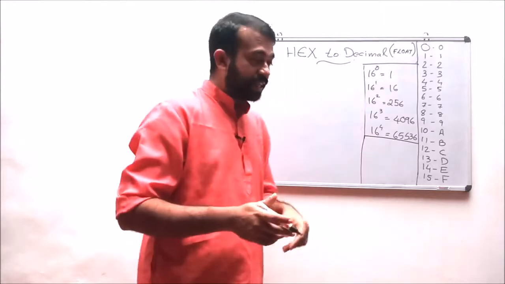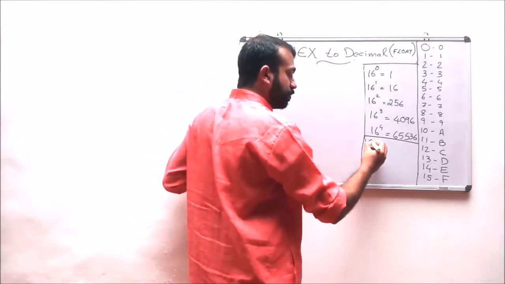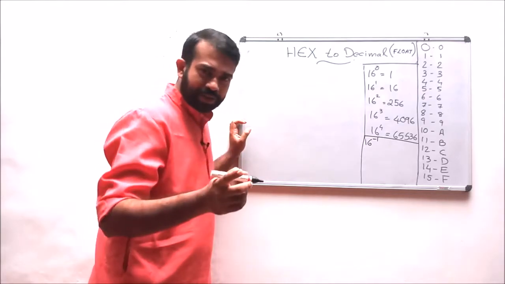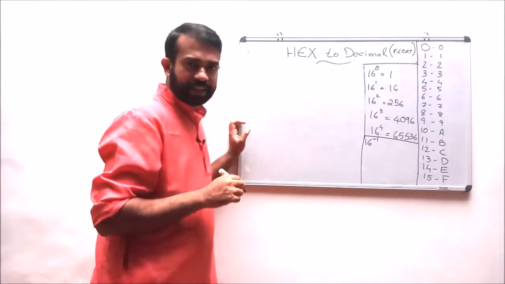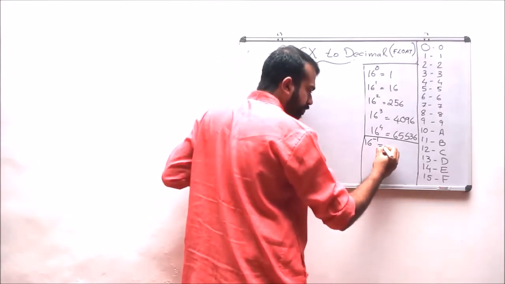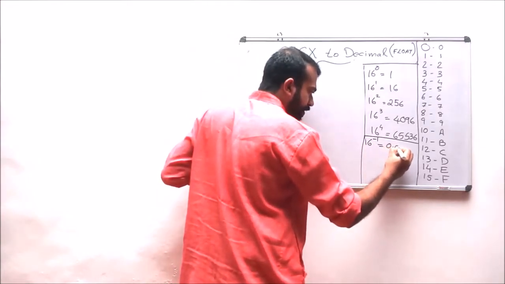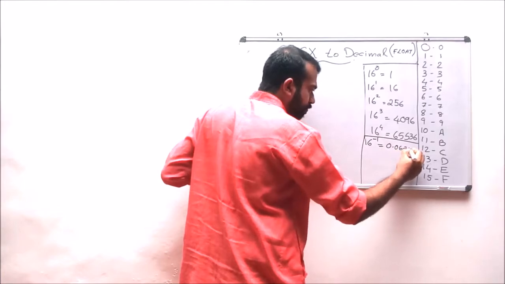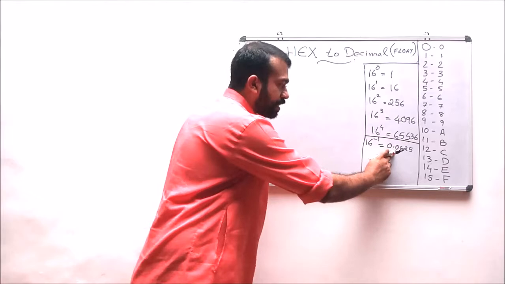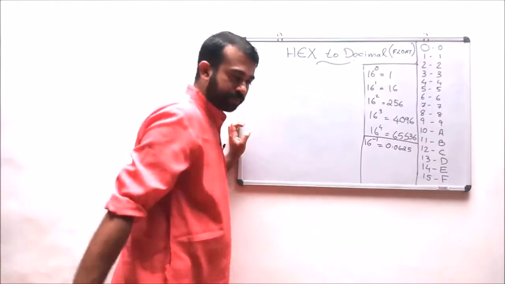And also consider 16 raised to minus 1. 16 raised to minus 1 is equivalent to 1 divided by 16, which is equivalent to 0.0625.